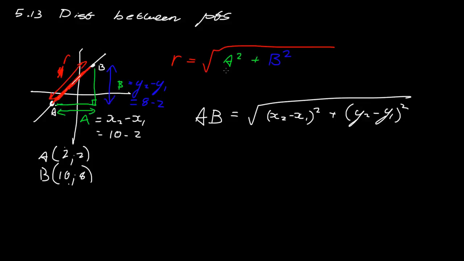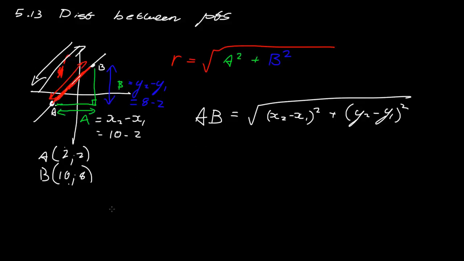And once again, it doesn't matter which order you select the points in, because obviously the distance from A to B and the distance from B to A are going to be exactly the same. If you walk from here to here or from here to here, you've walked the same distance.